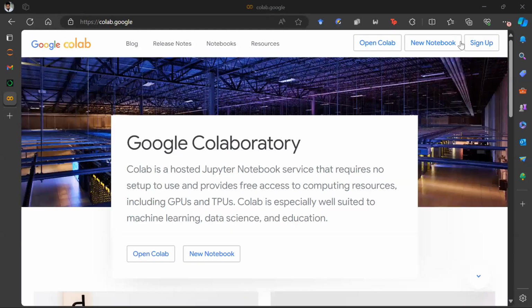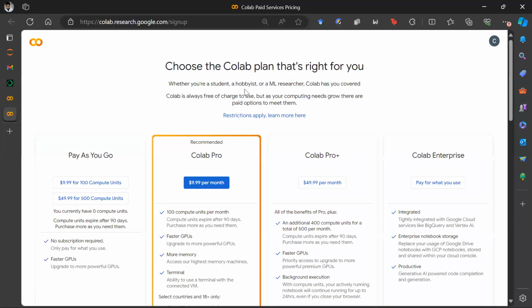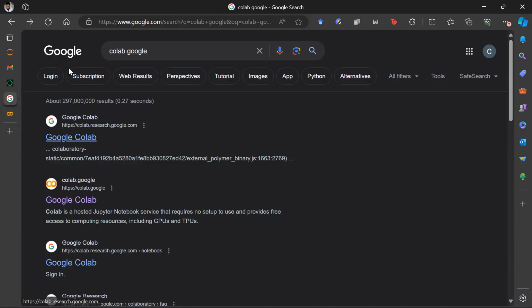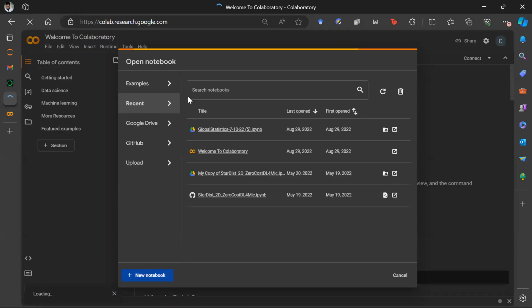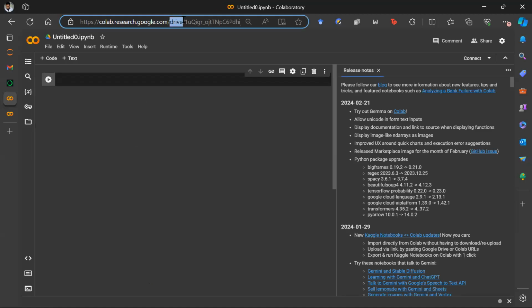You can open a new notebook here, and this is going to save it in your Google Drive account. Of course, you need a Google account to use it.